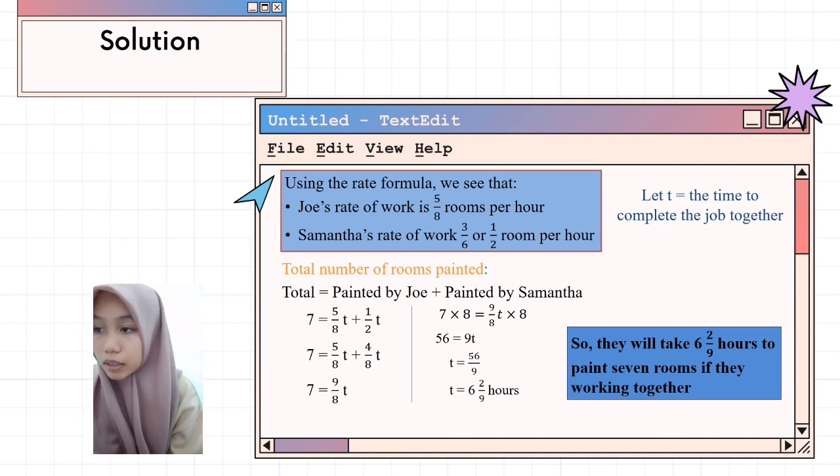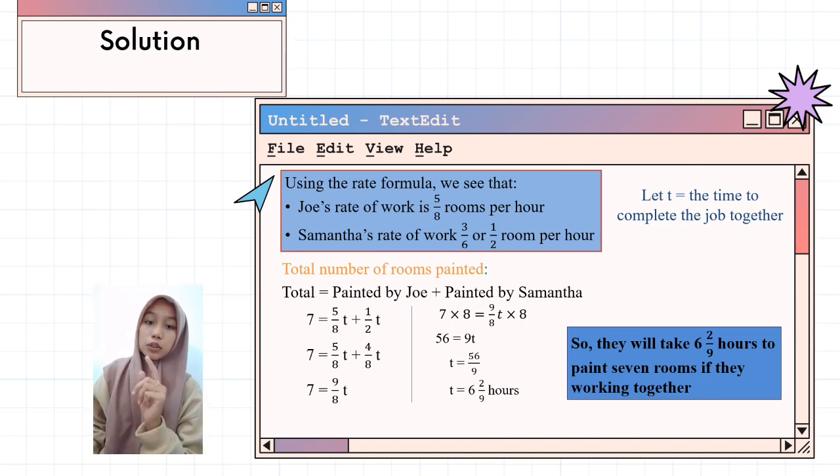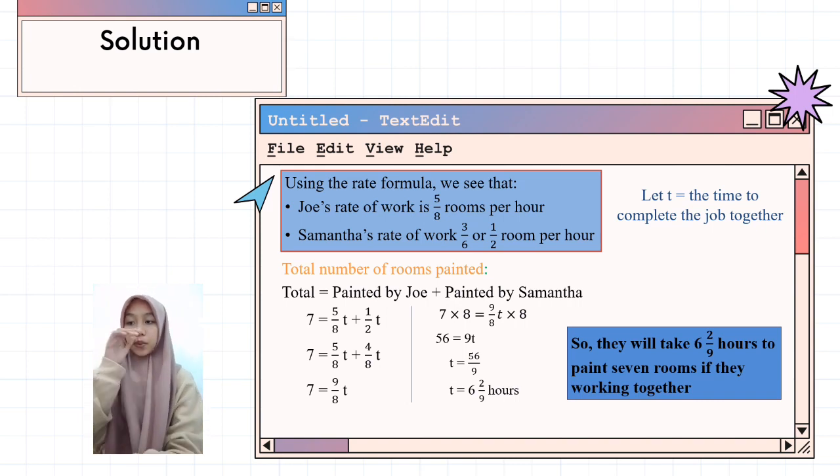So they will take 6 2/9 hours to paint 7 rooms if they work together.